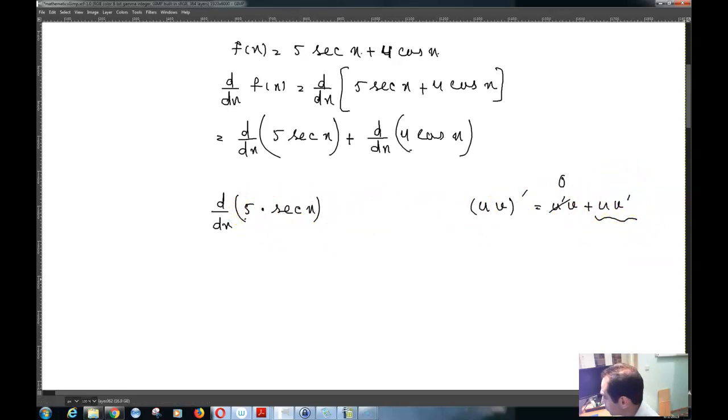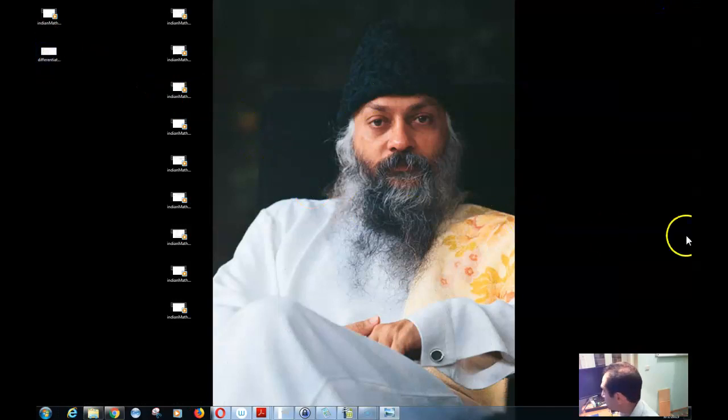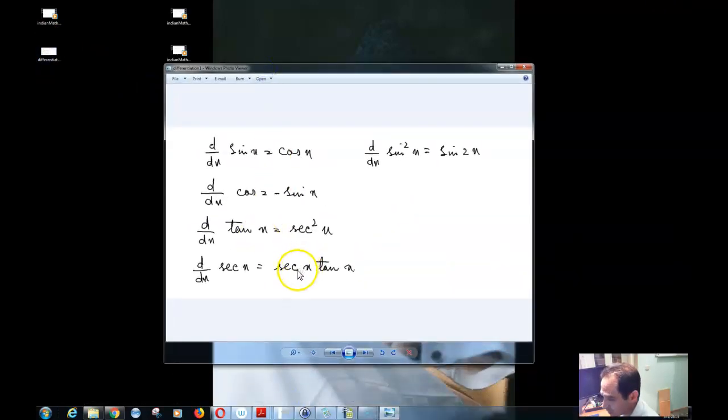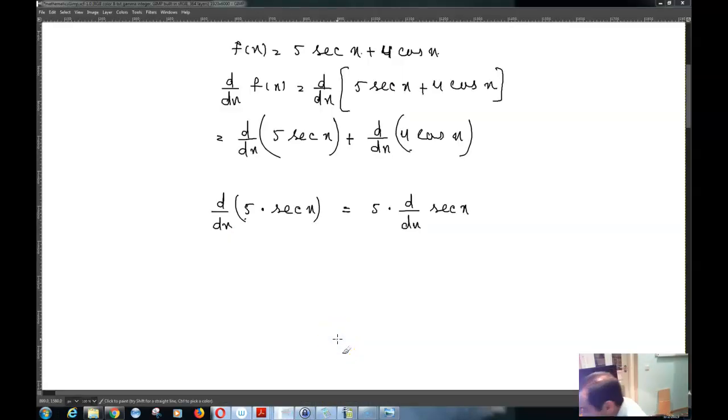So we will end up with 5 times the derivative of secant x, which we just said is secant x tan x.